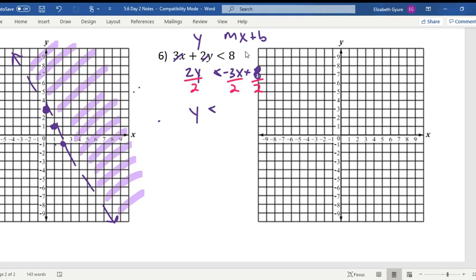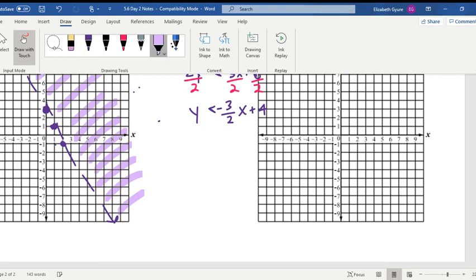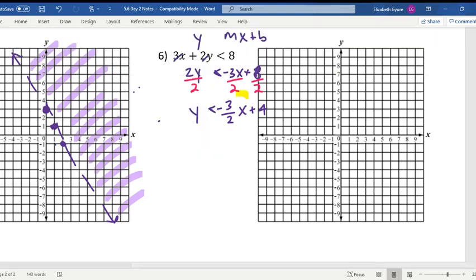No, just don't stress about it. Just leave it as a fraction. This is -3 over 2x. And that's okay because we can have fraction slopes. And then over here, is 8 divisible by 2? Yes, Corey, what's 8 divided by 2? 4. So then we're going to have plus 4. And here is our new equation. So it was just one little extra step there.